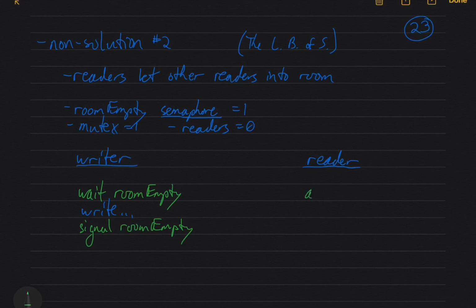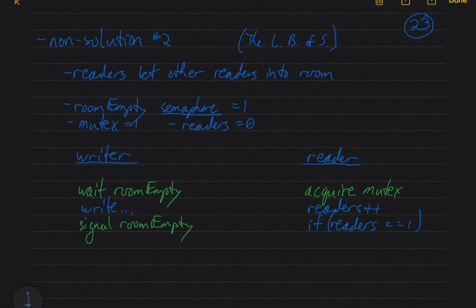So we need to acquire the mutex before increasing the reader count. So readers plus plus. And now we want to know if we're the first reader in the room. If the number of readers is currently 1 and we're it, then we know we're the first in the room. So if readers equals 1, then this task needs to acquire the room empty semaphore.